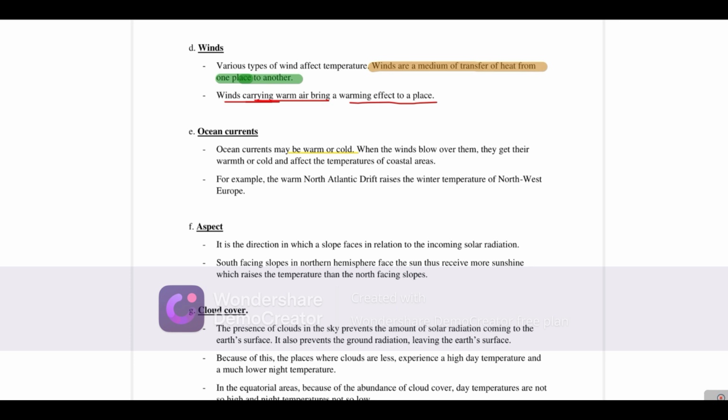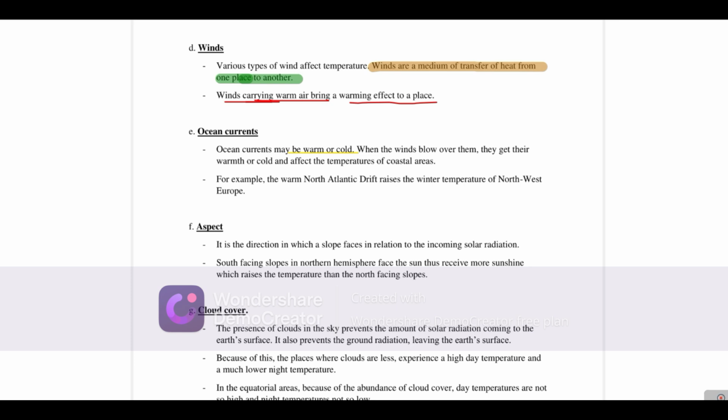So, for example, let me delve into warm ocean currents. Warm ocean currents, with onshore winds blowing over them, bring a warming effect on the adjacent coastal land, and that is going to raise the temperature, which eventually will give us rainfall, because the winds are also carrying some moisture which will be dropped on the nearby land.